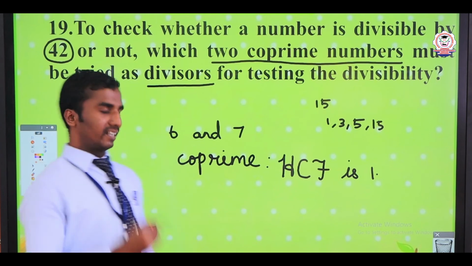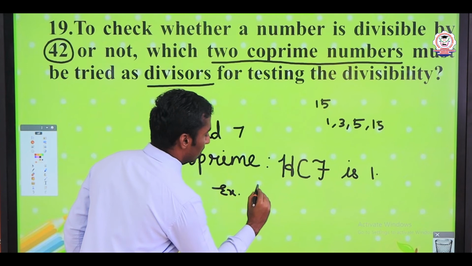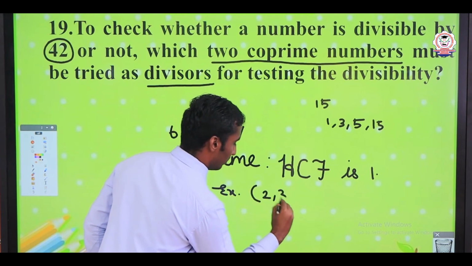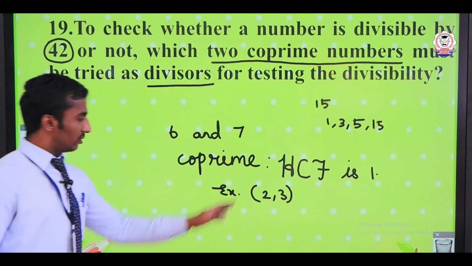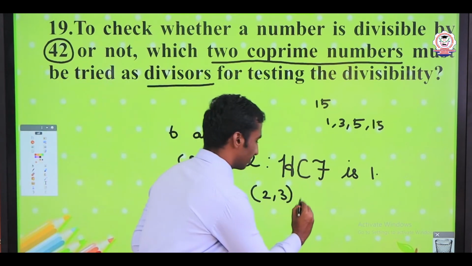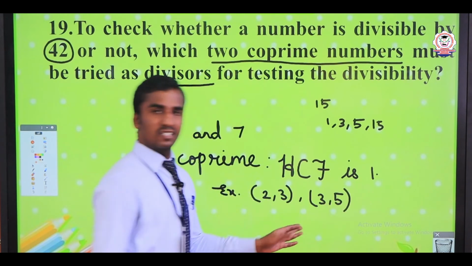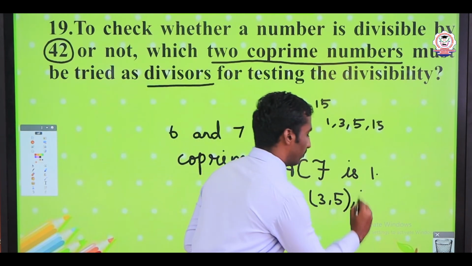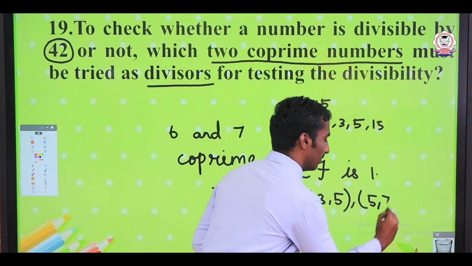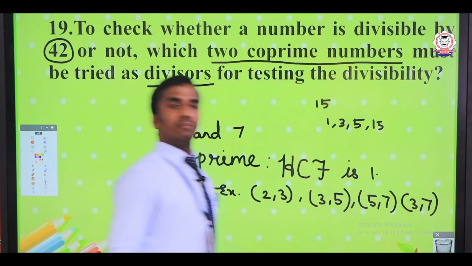For example, take 2, 3: the HCF is 1. Next, 3, 5: the highest common factor is 1. Next, 5, 7 and 3, 7. So these are co-prime numbers.